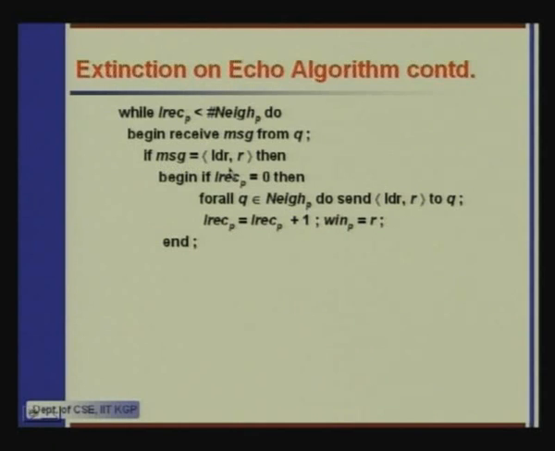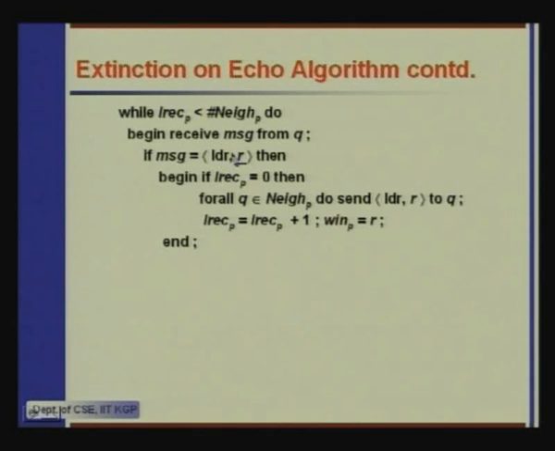If the message is a leader message with R as the leader, then if LREC P is 0, that means that this is the first leader message that it has got, right. So, now remember that the wave containing the leader message is also an echo algorithm, right.